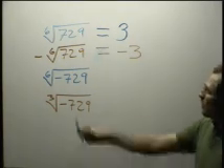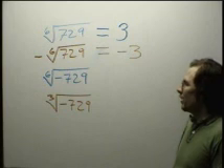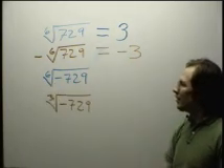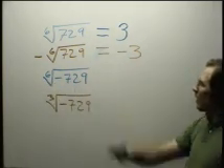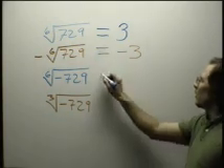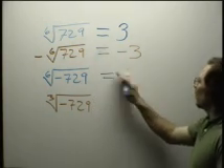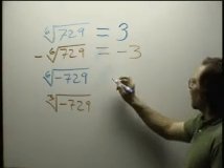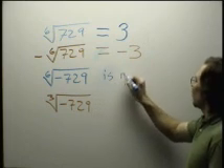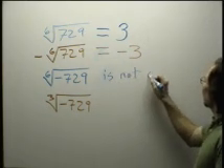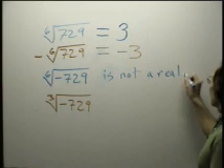This next one, 6th root of negative 729. Index is still 6, so it's still even, but now the radicand is negative. Well, anytime we have a negative radicand with an even index root, it's not a real number.